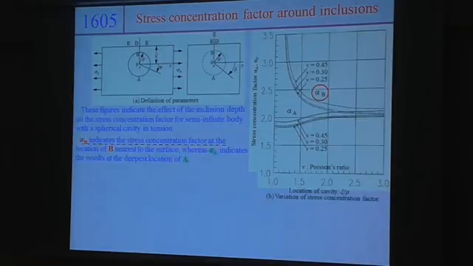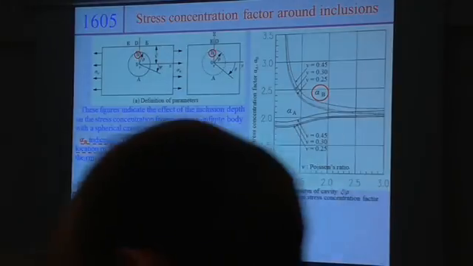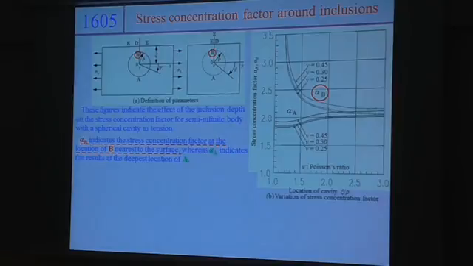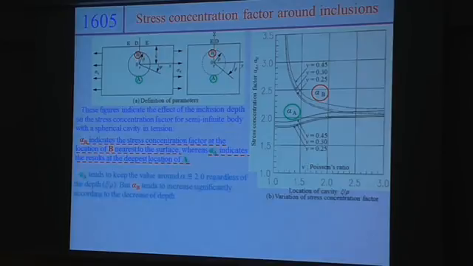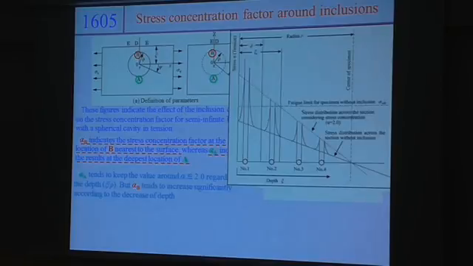Alpha B indicates the stress concentration factor at the location B nearest to the surface, whereas alpha A indicates the result at the deepest location A. Alpha A tends to keep the value around alpha nearly equal to 2.0, regardless of the depth xi divided by rho. But alpha B tends to increase significantly according to the degree of depth. Please remember this figure.